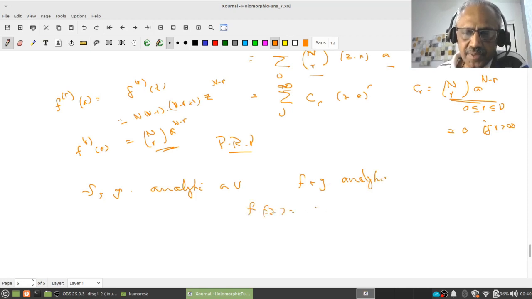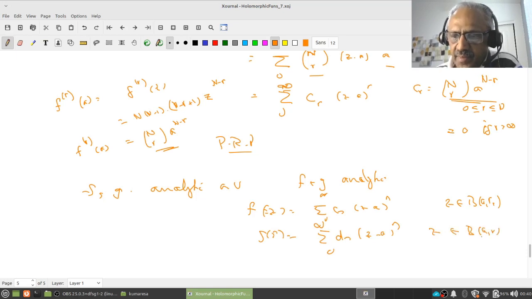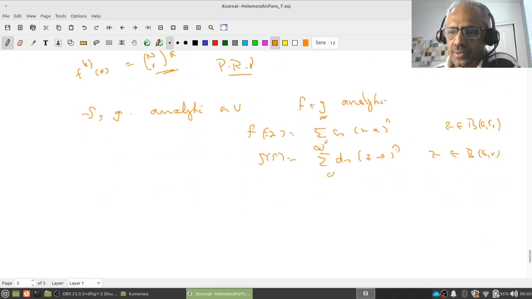If f of z equals the sum of c_n (z minus a) to the power n, n from 0 to infinity, for z in B(a, R1), and g of z equals the sum of d_n (z minus a) to the power n, n from 0 to infinity, for z in B(a, R2), then take the minimum of R1 and R2.